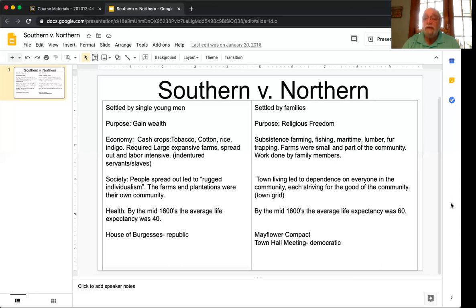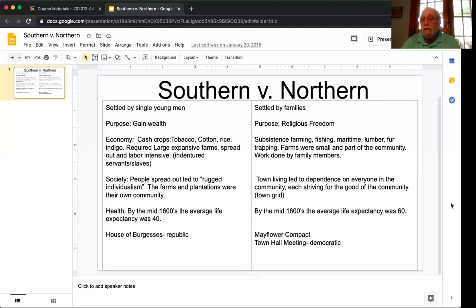Before they even got there, they knew that this was going to be a terrible place to try to survive and that they had to stick together. And so they created what was called the Mayflower Compact, those people that were on the Mayflower. And that Mayflower Compact talks about how we're going to create a government, and we're all going to obey the rules, and we're all going to help one another, and that sort of stuff.